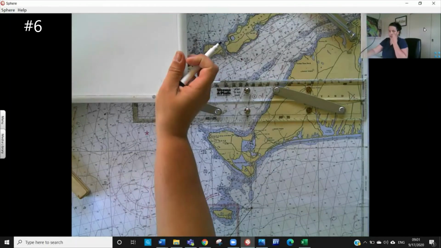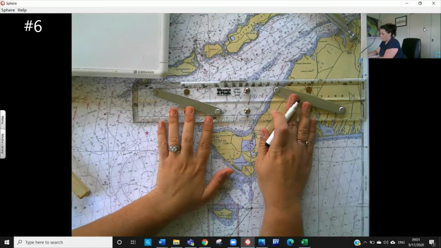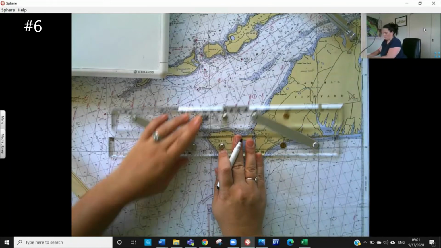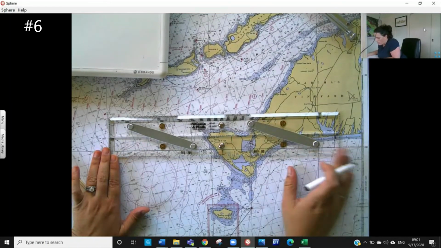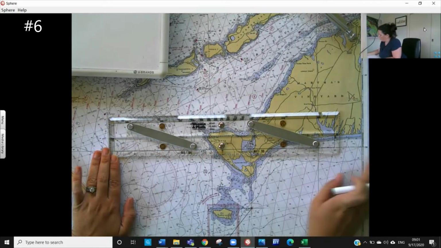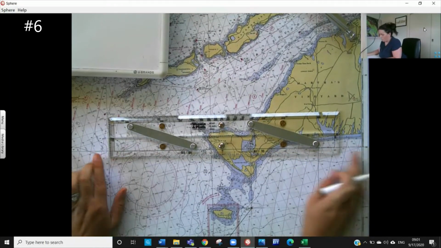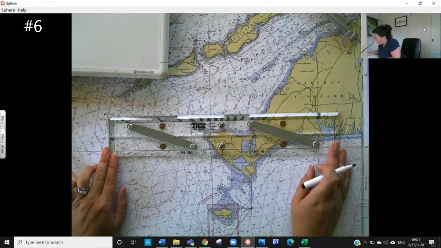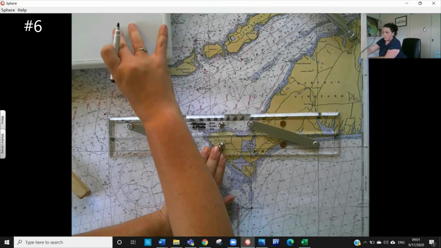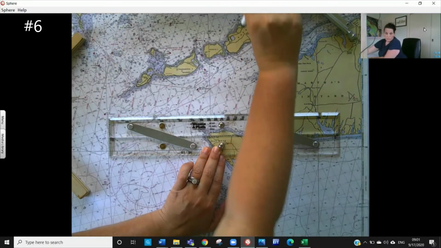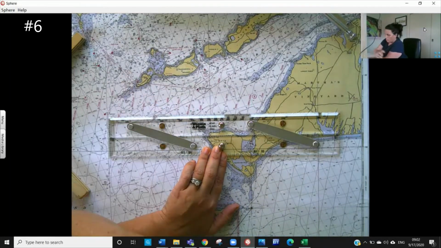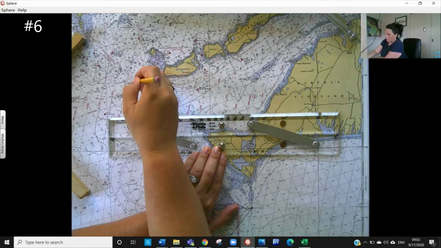So again, this part kind of gets tricky as you want to line something up. I'm going to start it right here. So I'm going to line up this line with my latitude line. So I'm going to be paralleling that latitude line all the way up to my light, my Cuttyhunk Harbor light.